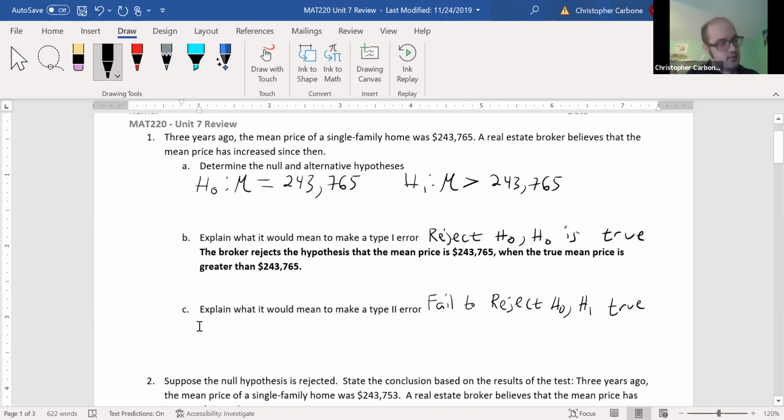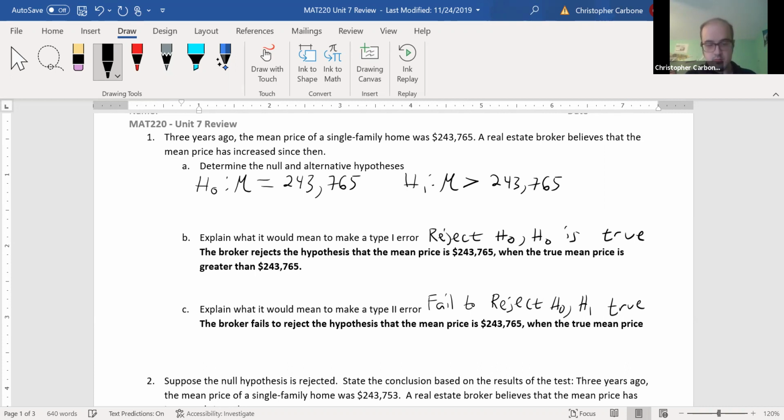That means in this case, the broker fails to reject the hypothesis that the mean price is $243,765 when the true mean price is greater than $243,765.